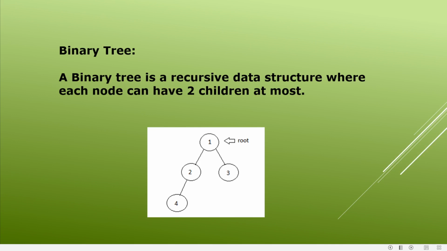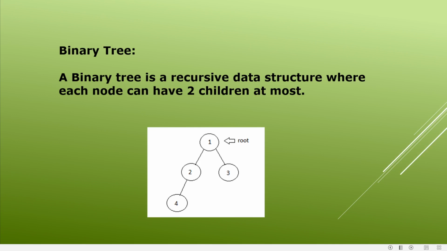A tree is a non-linear data structure in which every node can have more than two children, whereas a binary tree has a maximum of only two children, either 0 children or 1 child or 2 children. It should not exceed 2.